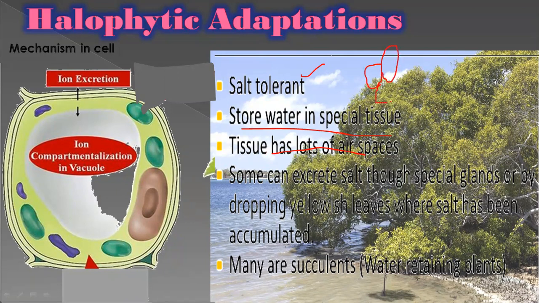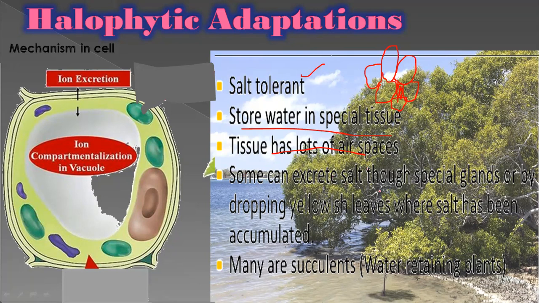The cells have spaces inside, and here the spaces are more, air spaces, and in these air spaces they can have more gases, as well as store water inside the tissues. They have certain special tissues which can store more water.